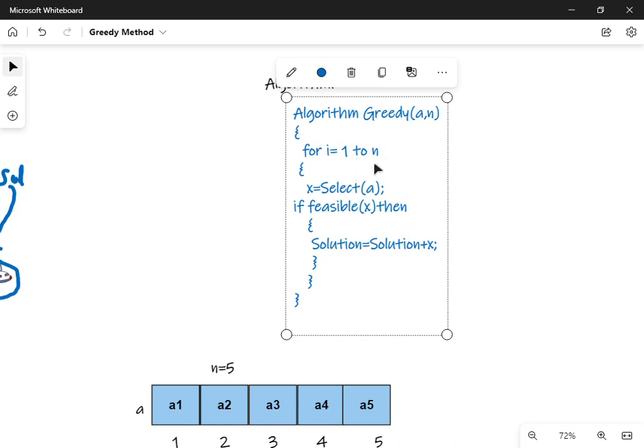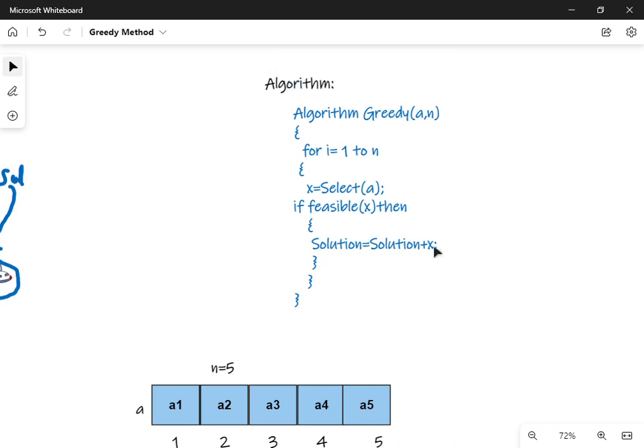From 1 to n, we can choose input values and select from A like this. If our given input is feasible, then the solution will be feasible like this. So it's quite simple.